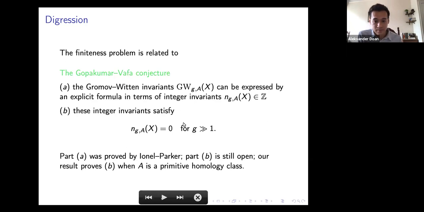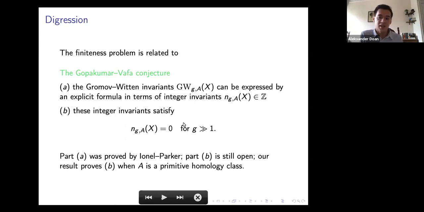And then there is a second part of the conjecture which says that these invariants should vanish for sufficiently large genus. So they're also parameterized by genus and homology class. And if you fix a homology class, the conjecture says that these invariants vanish for very large g.